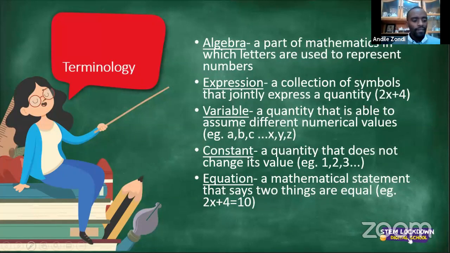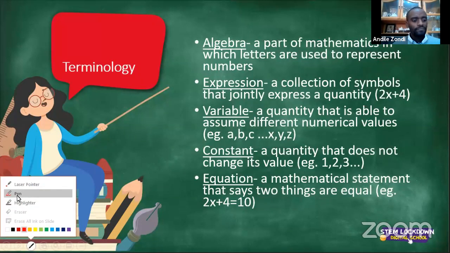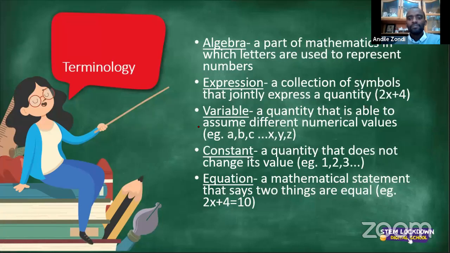Let me get my pen here as well. So basically in algebra, we use letters to represent numbers. An expression is a collection of symbols and numbers that jointly express a quantity.